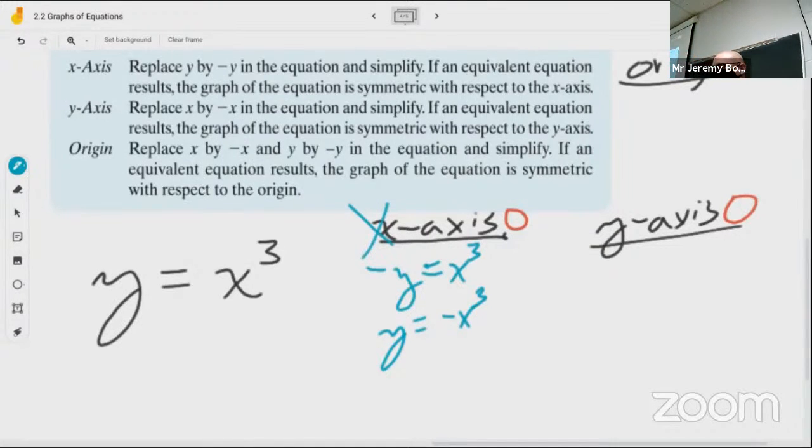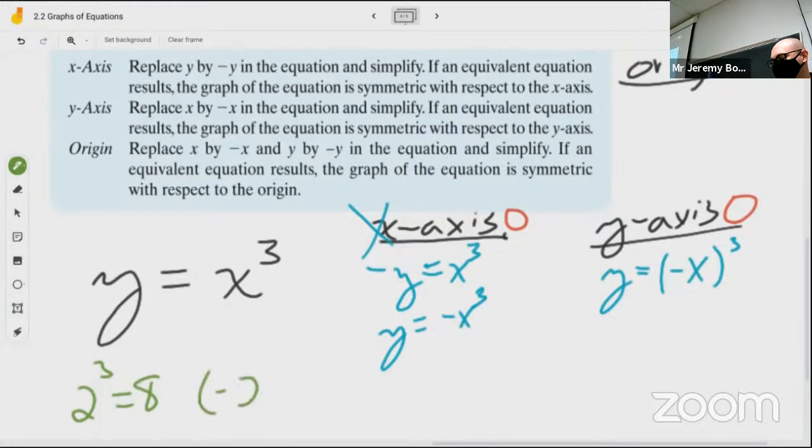Let's talk about the y-axis. What do we need to do there? We're going to replace the x. So we're going to have negative x to the third. Can we evaluate that at all? It's a good idea. I know looking at anecdotal stuff doesn't really prove anything, but sometimes if you're having trouble thinking about it, think about if we take 2 to the third, what does that equal? 2 times 2 times 2 would be 8, right?